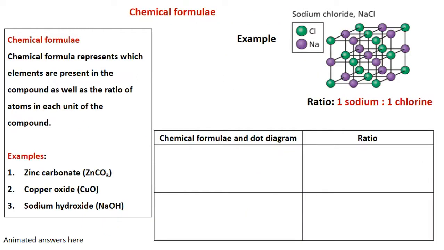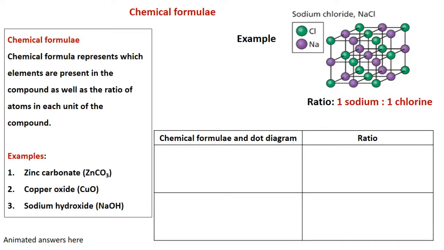Chemical formula. So chemical formula represents which elements are present in a compound, as well as the ratio of atoms in each unit of the compound. So if I write down a compound, for example, water, H2O, you can see the elements in here are H and O. H has a small 2 by its side, so that means for water, the ratio is 2 hydrogen to 1 oxygen.